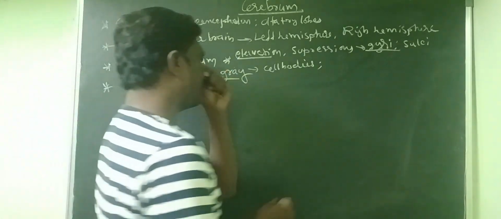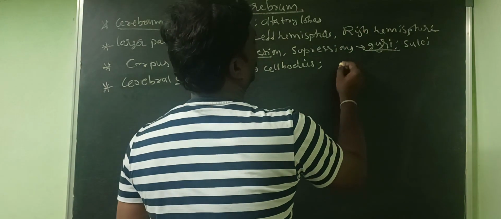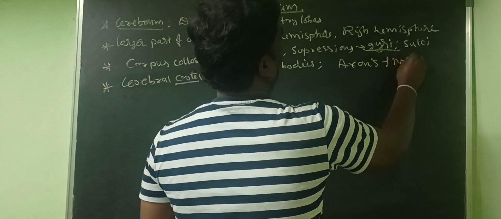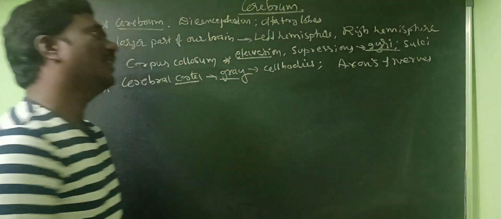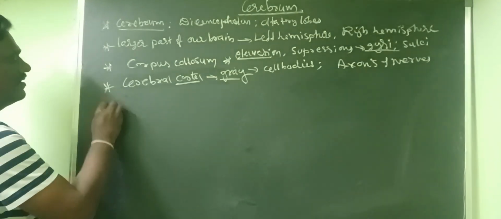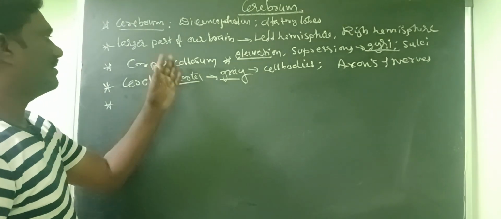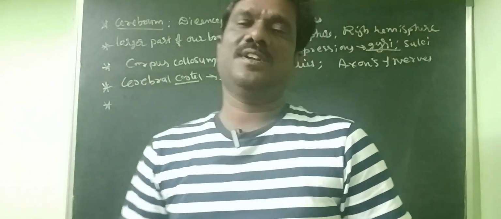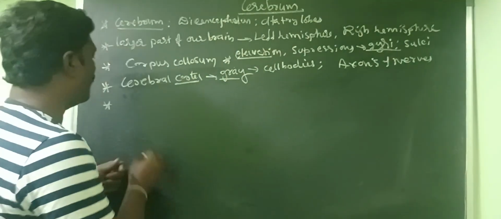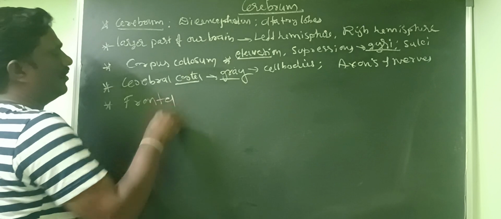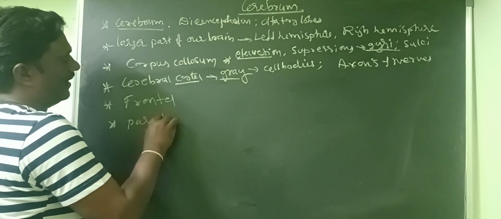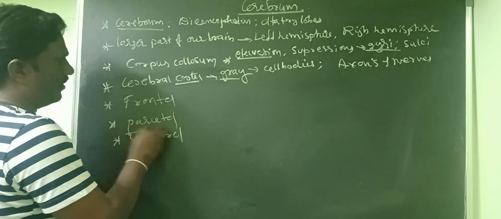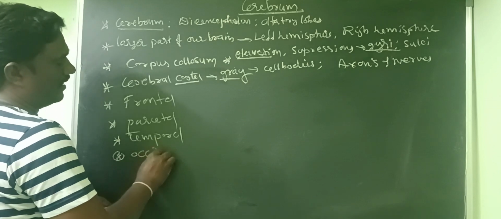Next, the white matter contains the axons of nerves. Axons of nerves are present in the white matter. Functionally, the cerebrum is divided into four lobes, depending upon their functions: the frontal lobe, the parietal lobe, the temporal lobe, and the occipital lobe.